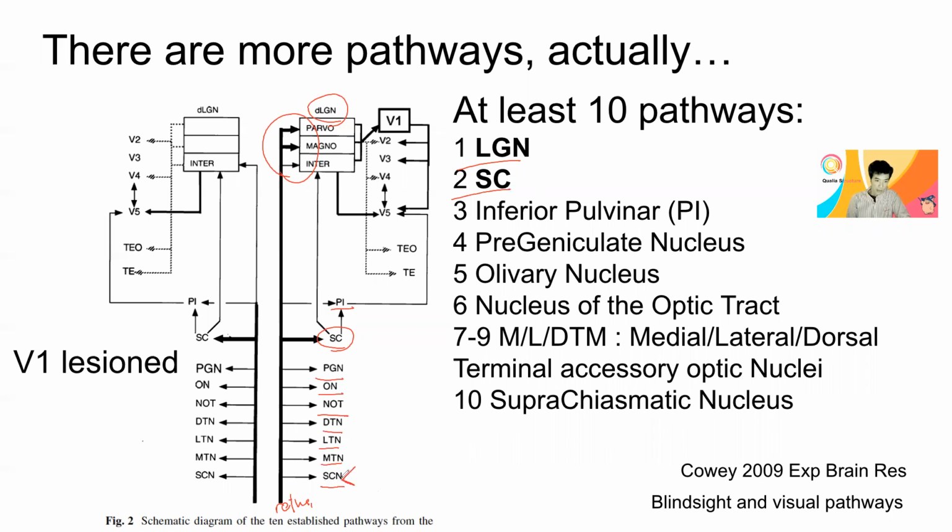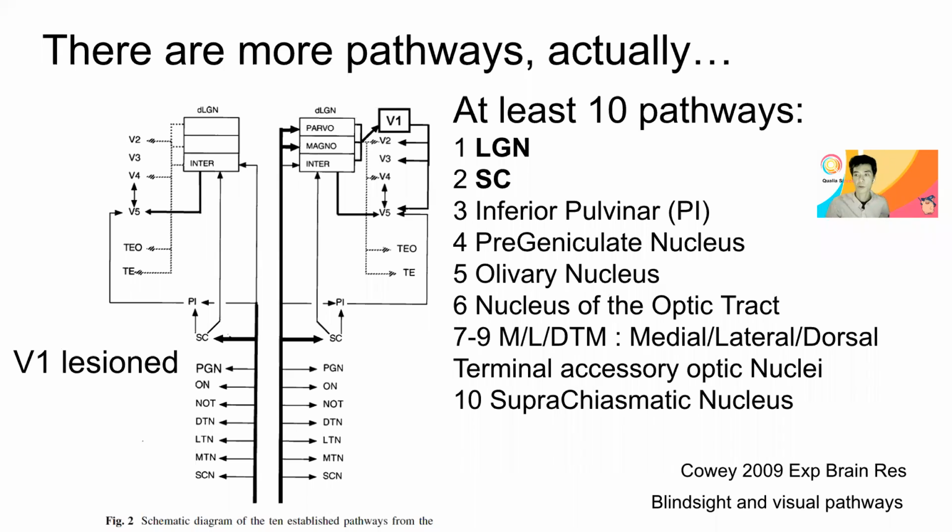The suprachiasmatic nucleus is related to sleep and arousal and is sometimes highly studied. But for all these other pathways, I'm not that familiar with what the neurons are doing over there.